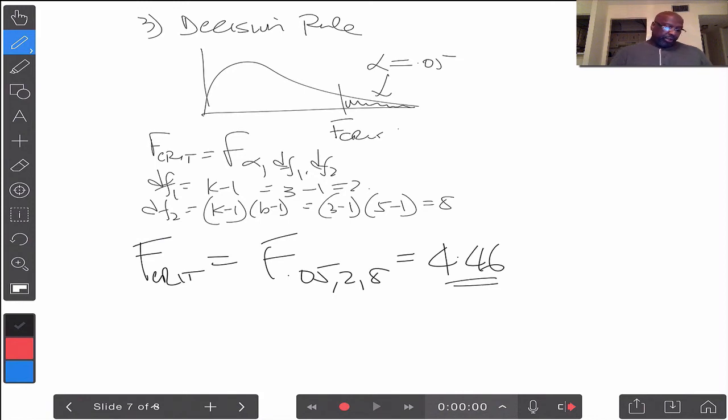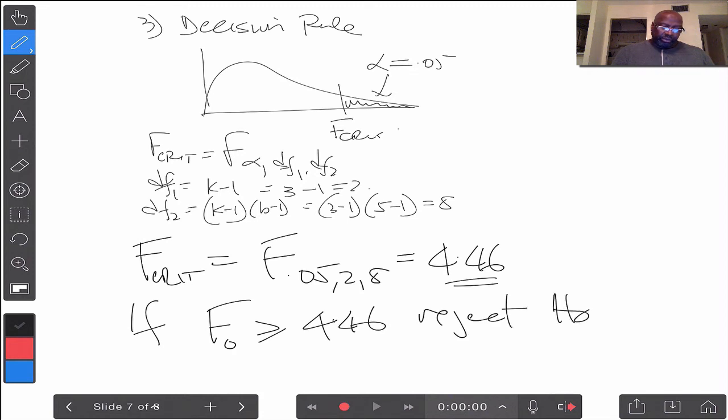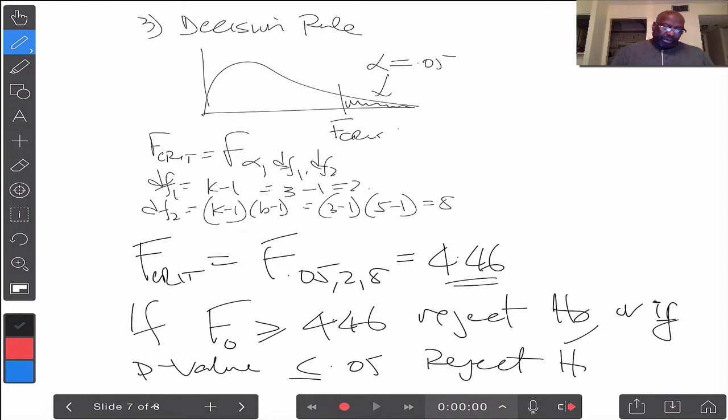Okay, so if F observed is greater than or equal to 4.46, reject H0. Or if the p-value is less than or equal to 0.05, we will reject the null hypothesis. All right? So that's our decision rule.